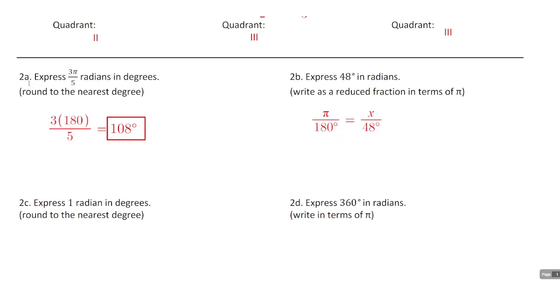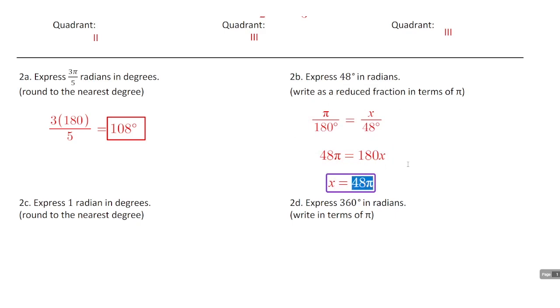So once you set up the proportion, we are going to use the cross products property and multiply pi times 48 and then x times 180 and set those two products equal to each other. So we got 48 pi equals 180 times x.